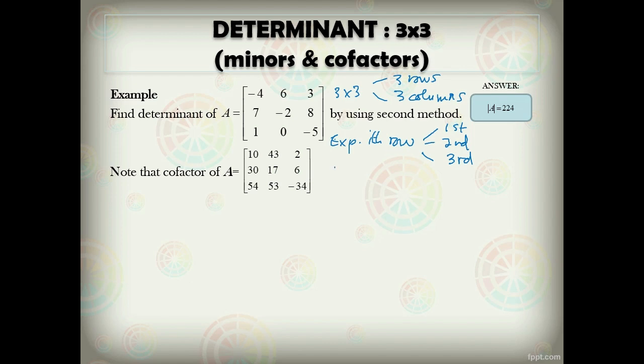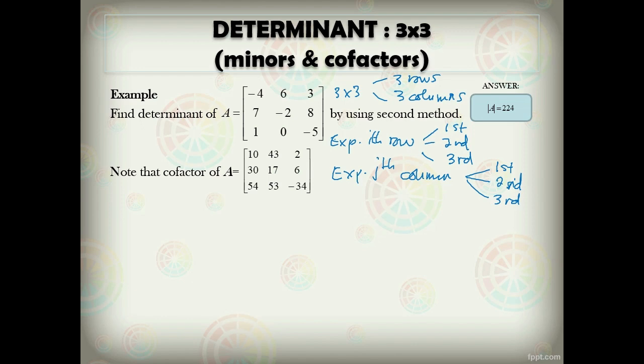The same goes if you expand along the jth column, which here you have 3 columns: the first column, the second column, and the third column.